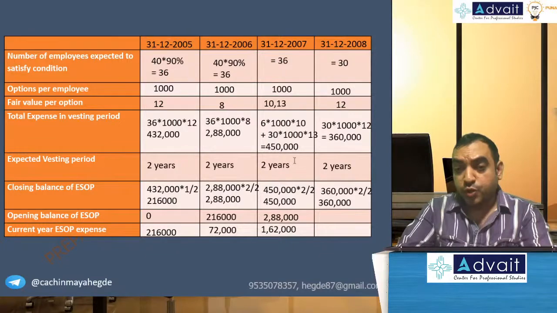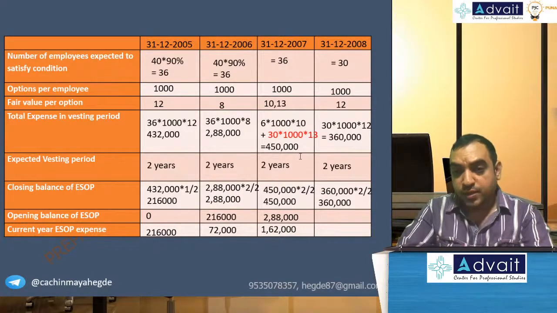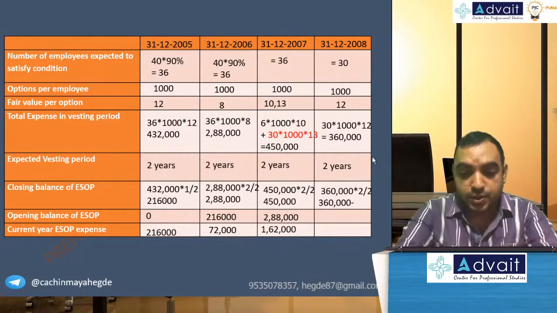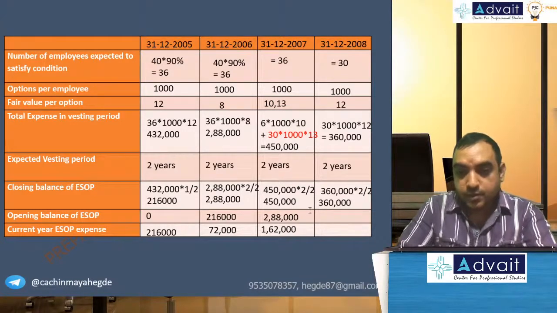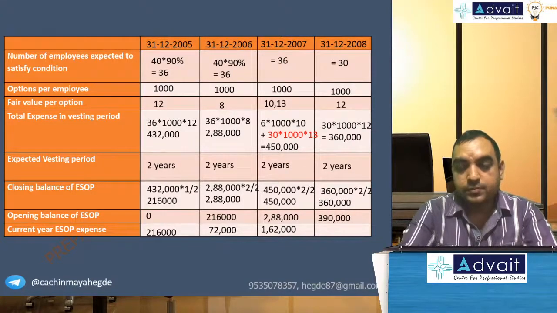What was our calculation earlier? 30 employees, this was the number, right? I'm just highlighting it. So only that number you should take as opening balance, that is 30 into 1,000 into 13, 3,90,000. So minus opening balance, 3,90,000.